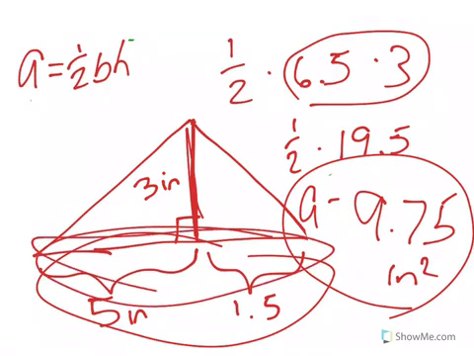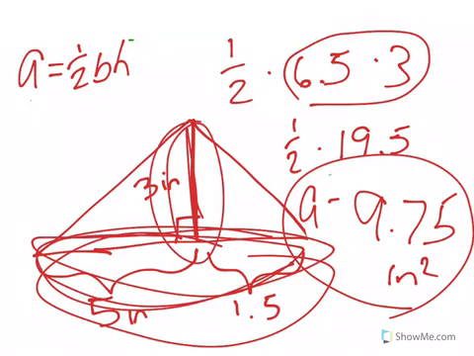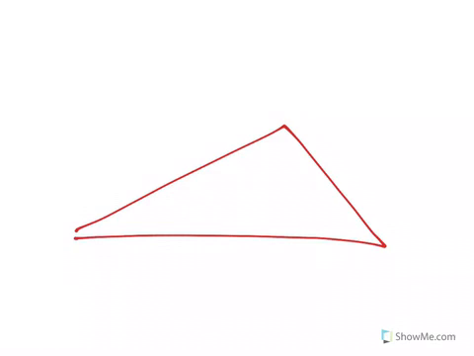So you can take the entire base times the height when you have an acute triangle, multiply those 1/2 base times height, and you're going to get the answer. So you don't have to do it as two separate right triangles, but you do have to know that when you have an acute triangle, to get the height, you have to essentially create that perpendicular line to give yourself two right angles.